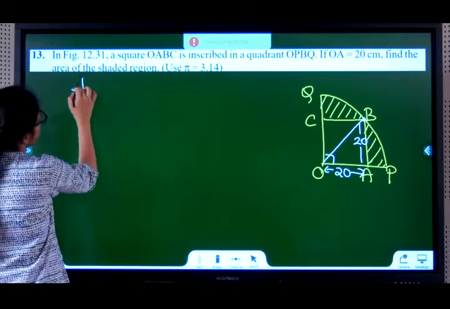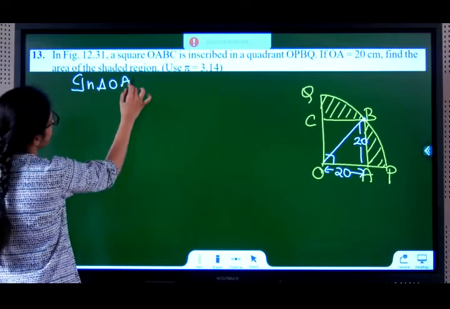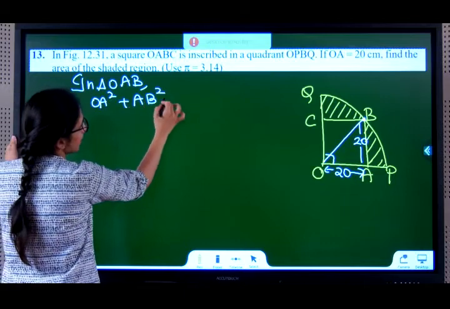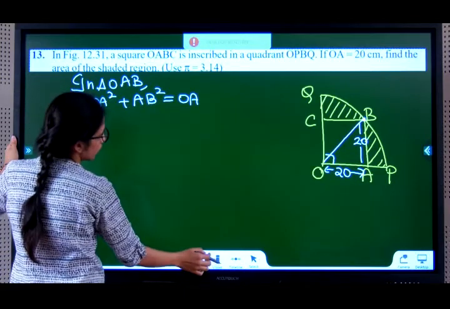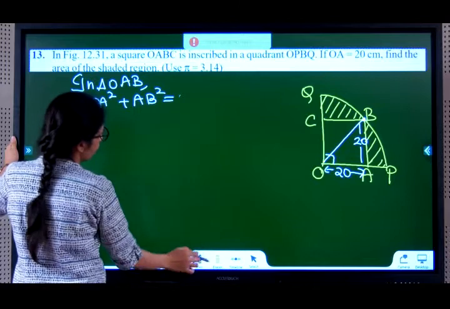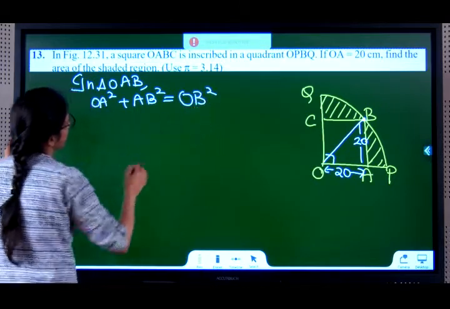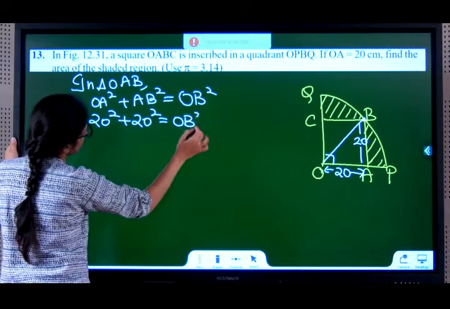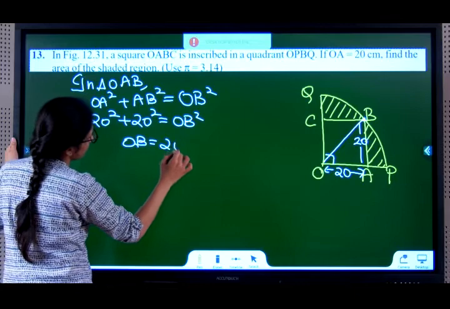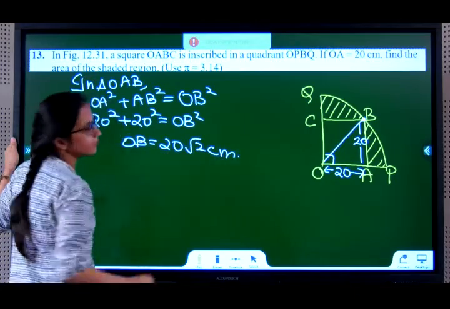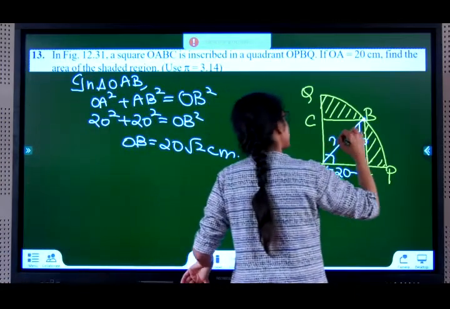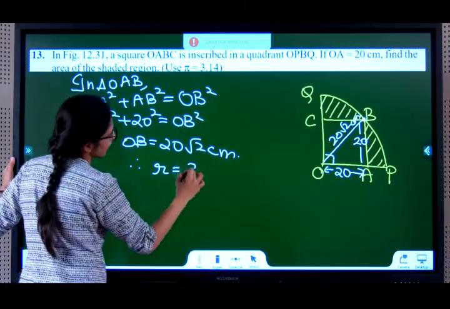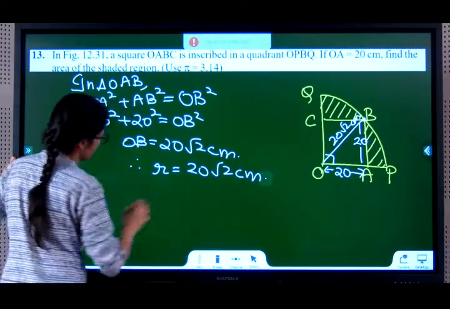So, you can therefore write in triangle OAB, OA square plus AB square is equal to OB square. 20 square plus 20 square is equal to OB square. On solving this, you get OB is equal to 20 root 2 centimeters. So, now I know the radius R is 20 root 2 centimeters.